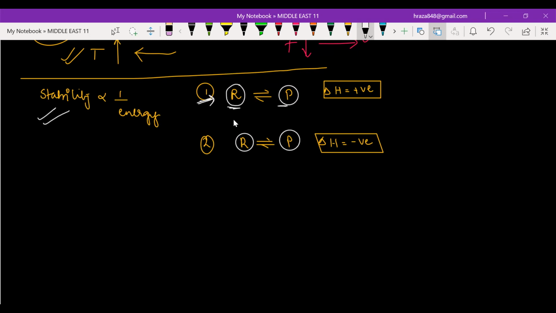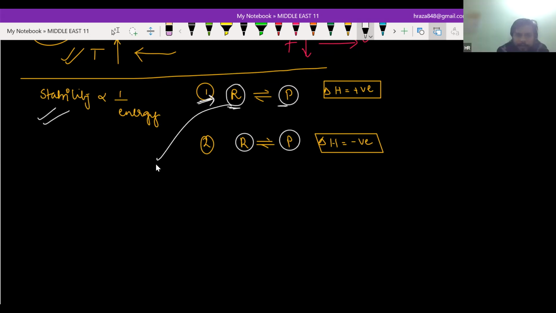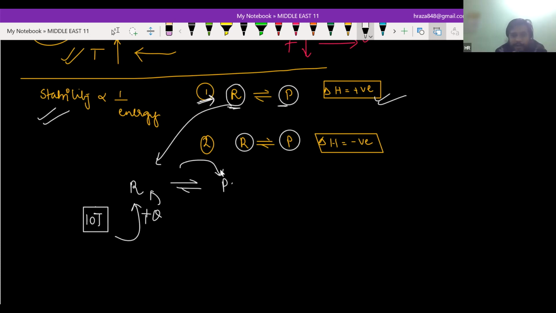Okay, let me tell you that reactant first. Just suppose a reactant initially has energy 10 joule, and in an endothermic process we give some heat to this reactant to convert it into product, right?